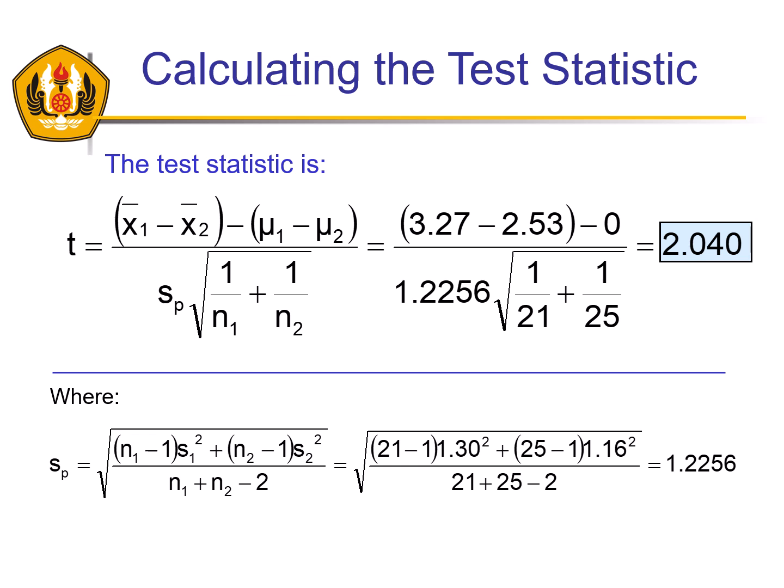X bar 1 is 3.27 as written in the question. X bar 2 is 2.53. Now mu1 minus mu2 is 0. Why is it 0? Because we are going to test whether mu1 is equal to mu2.